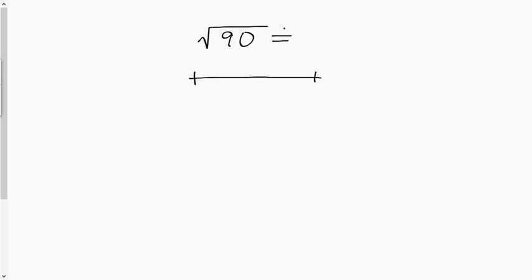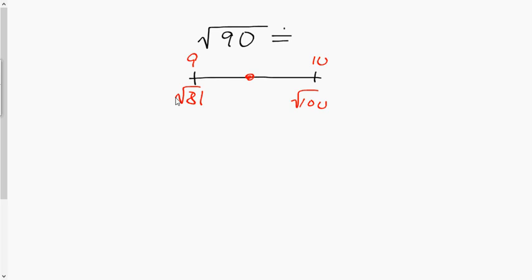The second question, exact same thing, except this time it's asking us to estimate the square root of 90. So the two that it falls between are the square root of 81, which is 9, and the square root of 100, which is 10. So without going any further, you know the answer is going to be 9 decimal something. Its location is pretty close to the middle. Is it closer to 9 or closer to 10, the square root of 90?